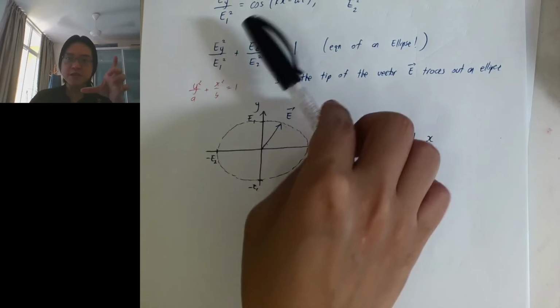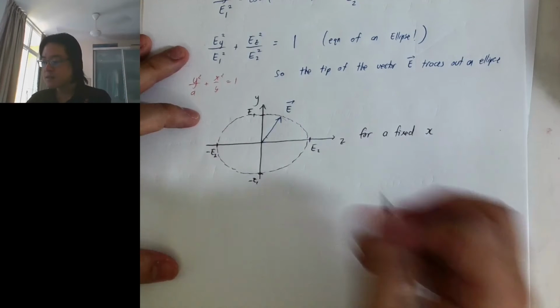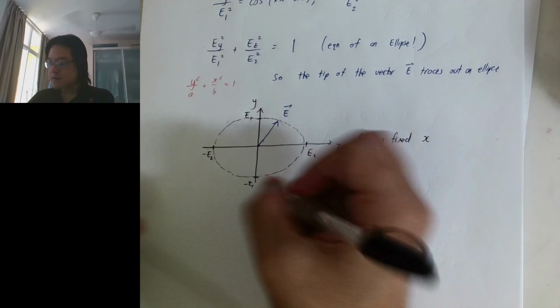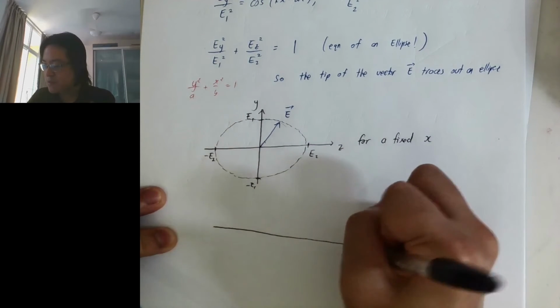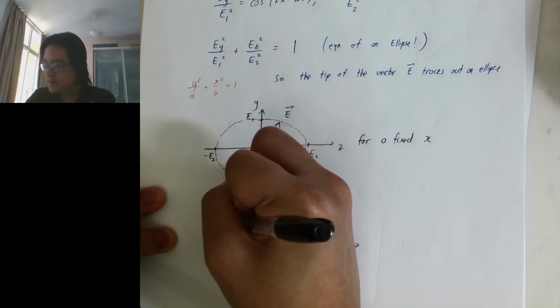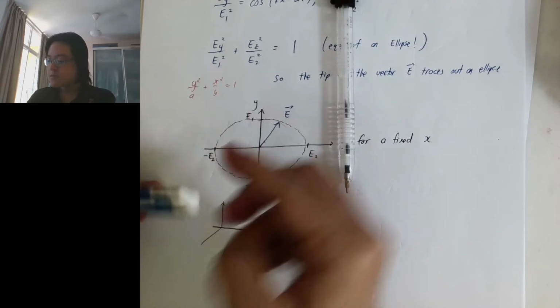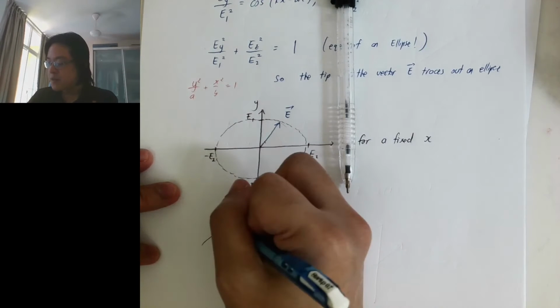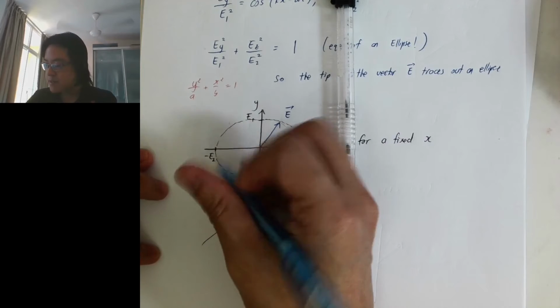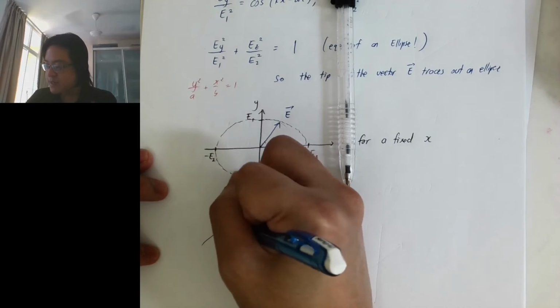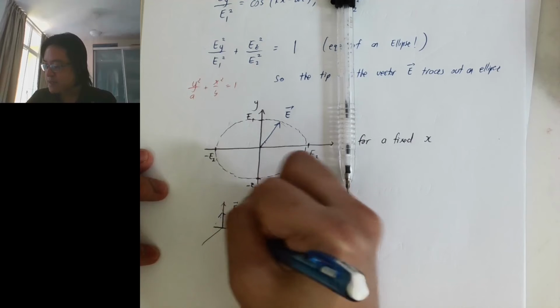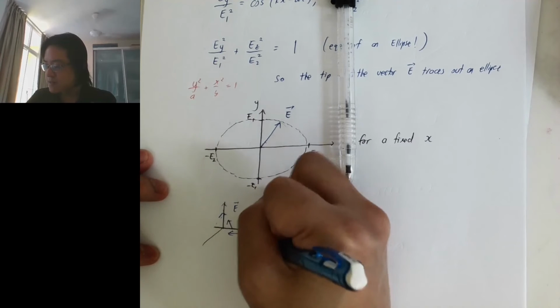So if I trace out all the vectors along the x-axis, again it is going to be very hard to draw, but it's just the diagram that you pasted in the chat just now. Okay, so imagine there's an ellipse here. I don't know how to draw. So one vector is here, and then the other vector is going to be here, and then the other vector is going to be here, like this.